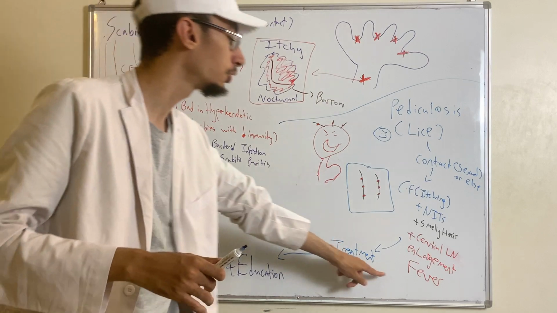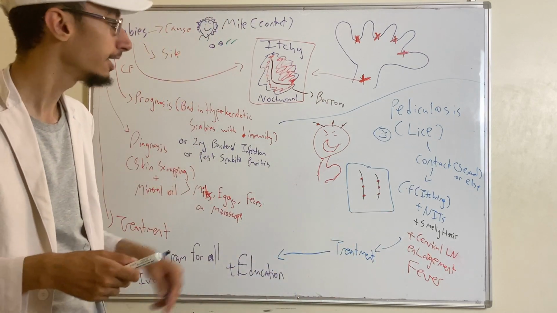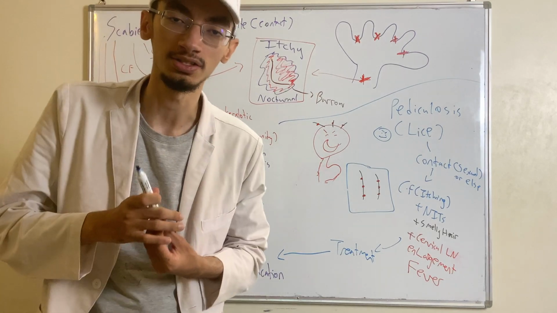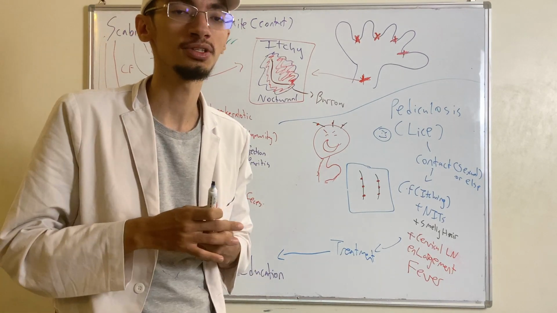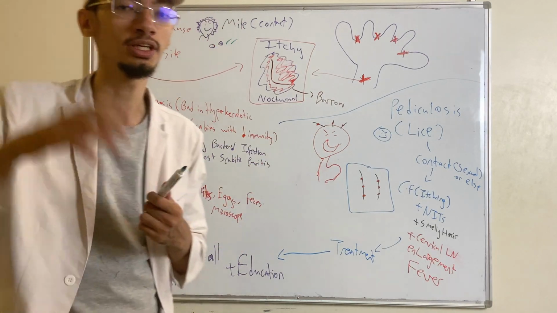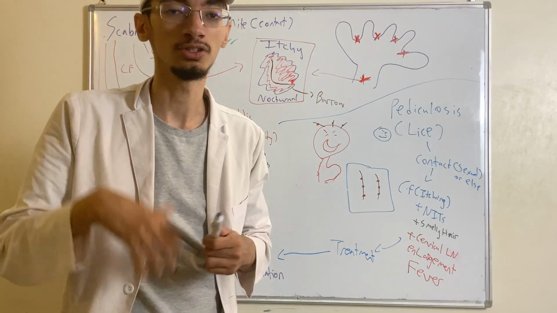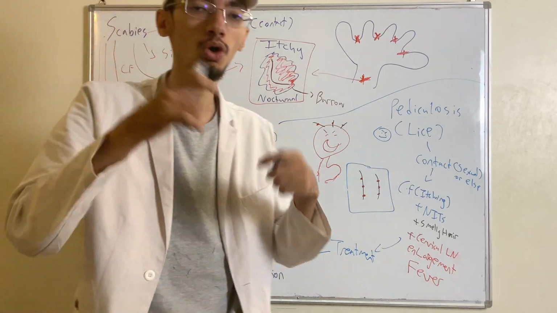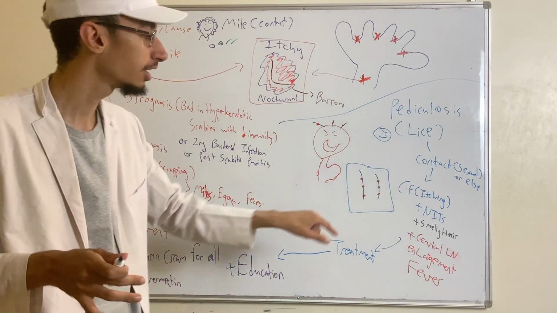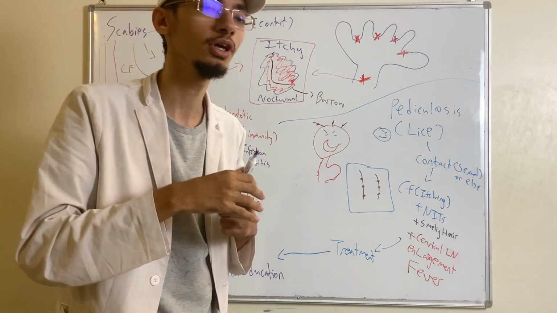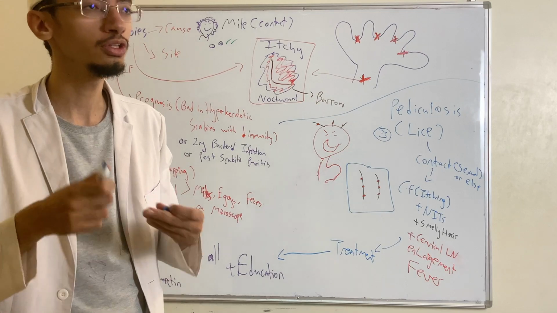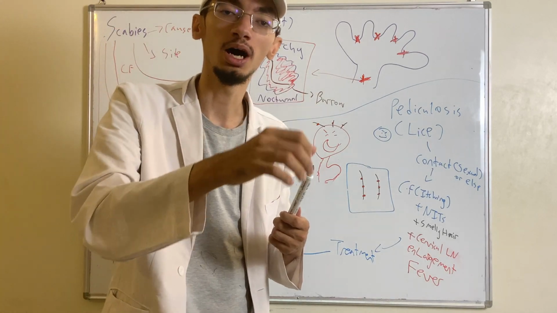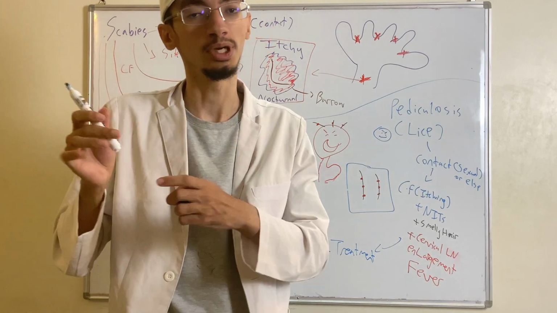Along with it, the patient may come to you with fever. So if you see a child who has a history of lice, or let's say you don't know he has lice, but you can see he is constantly scratching his hair, so it's itchy, and you see in his hair follicles multiple nits, and you also see at the same time this child has an enlarged cervical lymph node and he's feverish, you tend to think of this as a case of pediculosis accompanied by a complicated secondary bacterial infection.